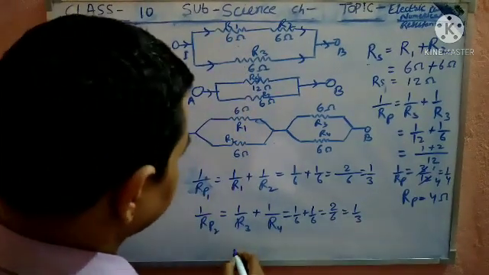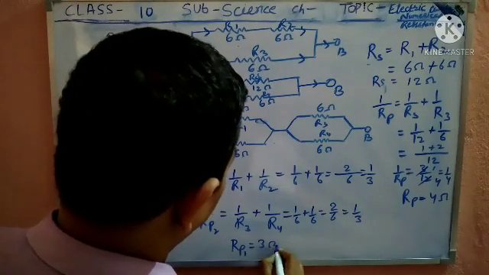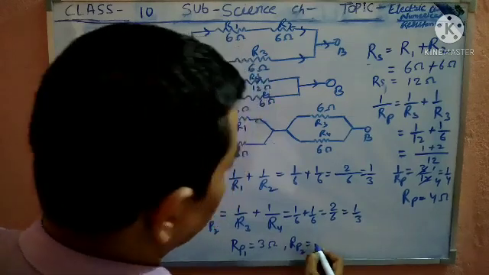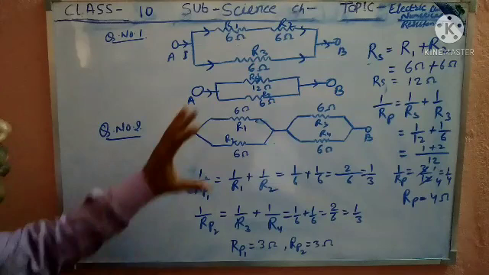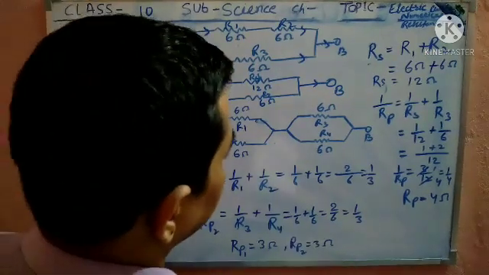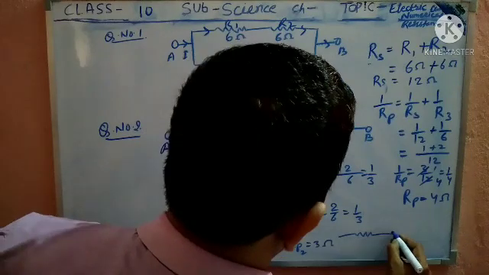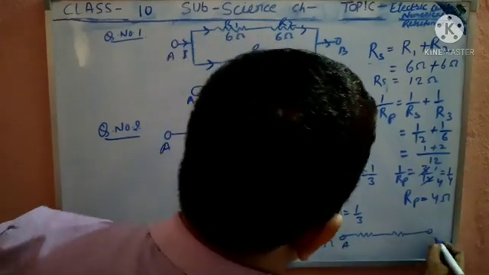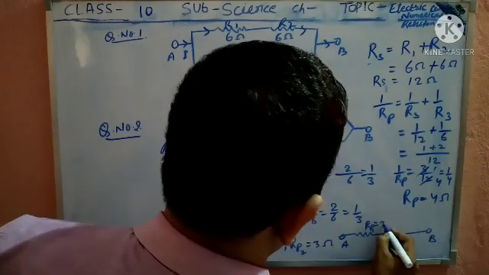So Rp1 is equal to 3 ohm and Rp2 is also equal to 3 ohm.